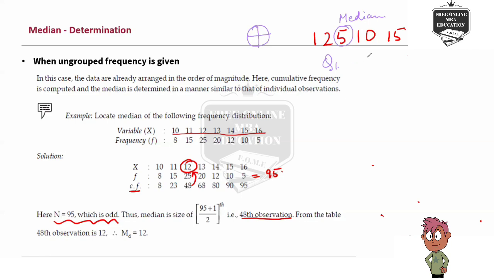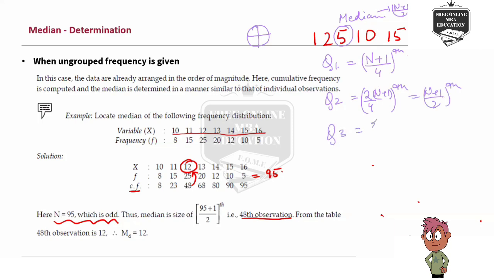So Q1 is the (n plus 1) by 4th item, like you were taking median to be the (n plus 1) upon 2th item. This is the case when n is odd. Q2, the second quartile, is 2 upon 4, (n plus 1)th, so that's equivalent to the (n plus 1) by 2th item.